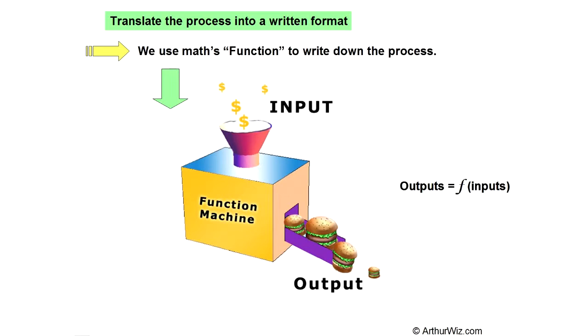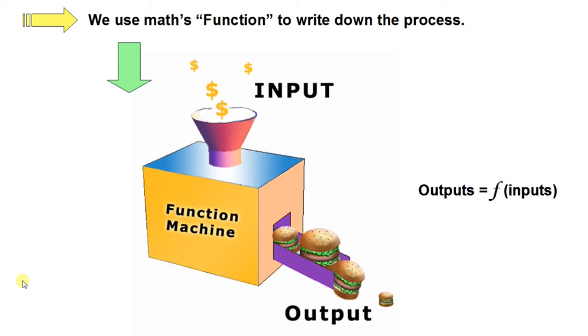So let's translate this process into a written form. We borrow the function in mathematics to write down the process. So in a big picture, the money object is the input, and the function machine, which is the restaurant, is giving out the output as a burger.